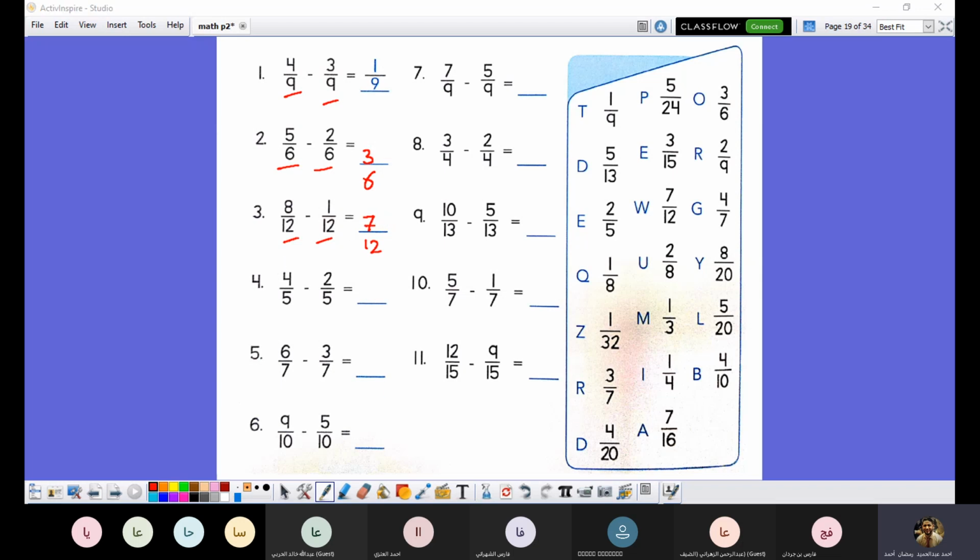Okay, now I will take someone to help me. Hussam Sarhani. Hussam? Yes, teacher. Hussam, help me in example number 3. We have 4 over 5 minus 2 over 5 equals how many?